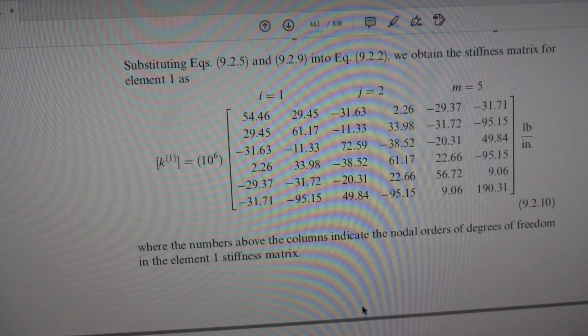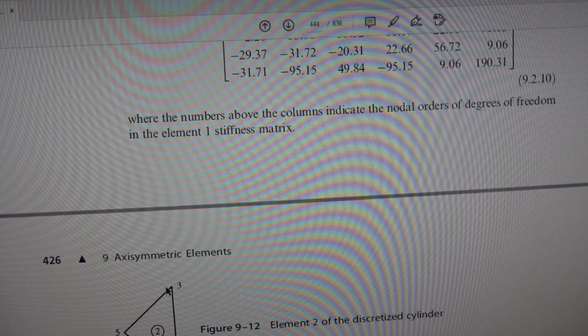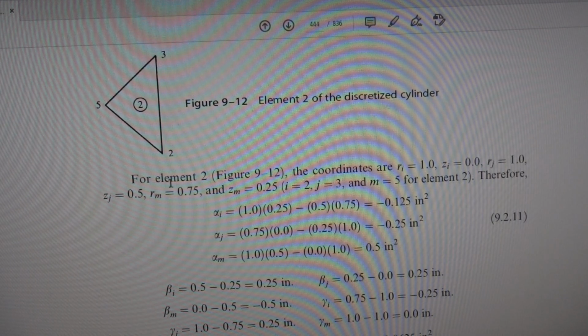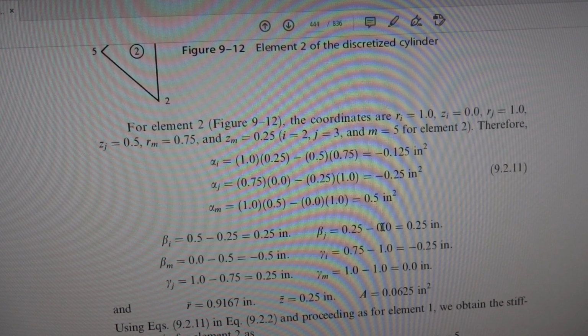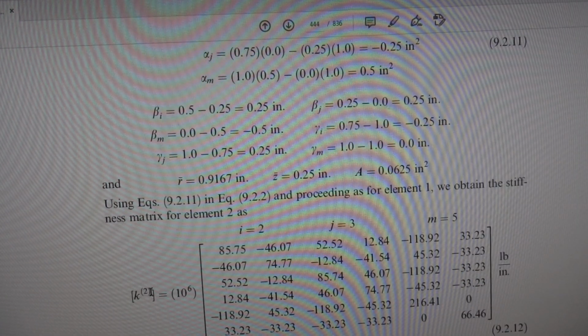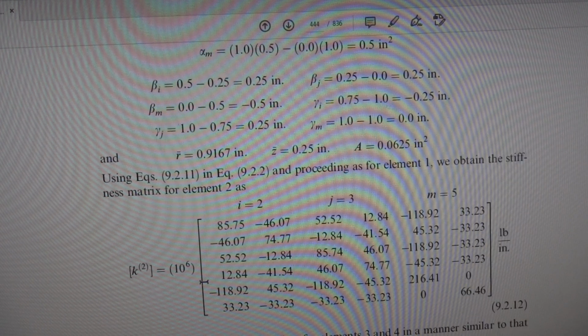Now for element 2, the element stiffness matrix for element 2, with nodes 2, 3 and 5. Similarly you can analyze it, and then you can get the value of the element stiffness matrix for the second element.